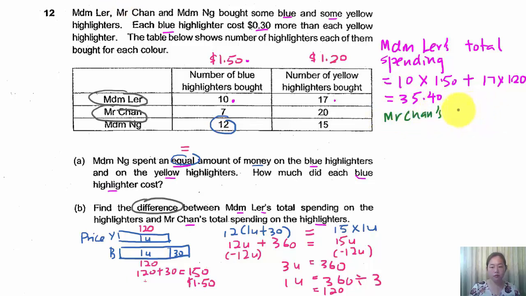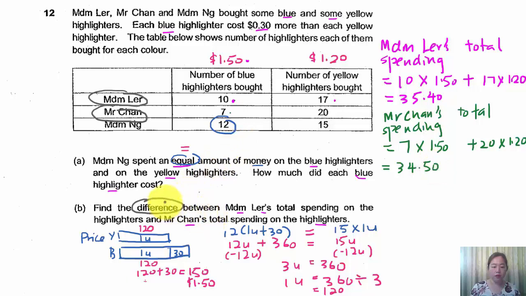Mr. Chan's total spending is equal to 7, which is here, multiplied by 150 plus 20 multiplied by 120, which is equal to $34.50.